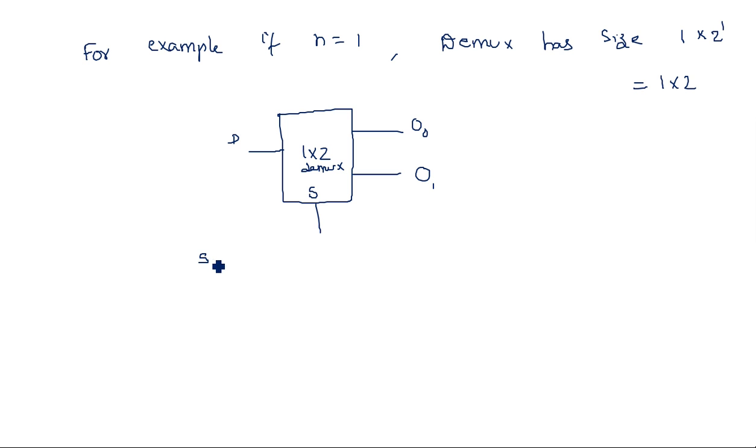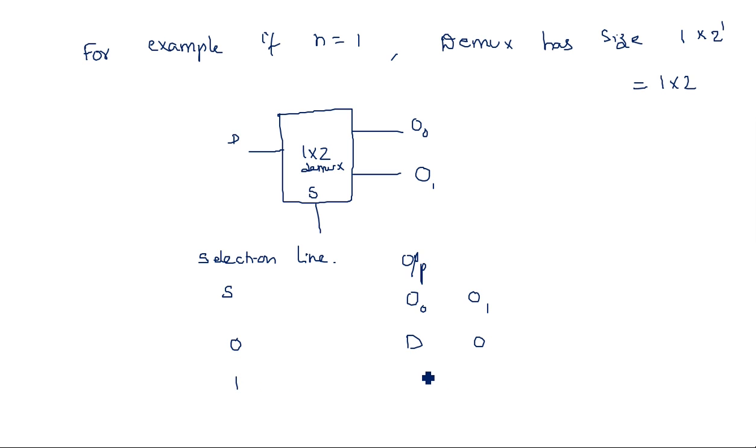We have the selection line S. The truth table we can always take from the selection lines. So selection line S and outputs O0, O1. If the selection line is 0, the input D will be transferred to O0, so O0 is D and O1 is 0.